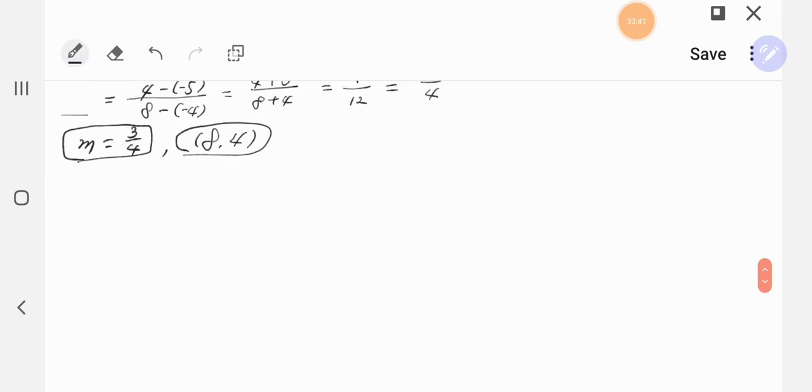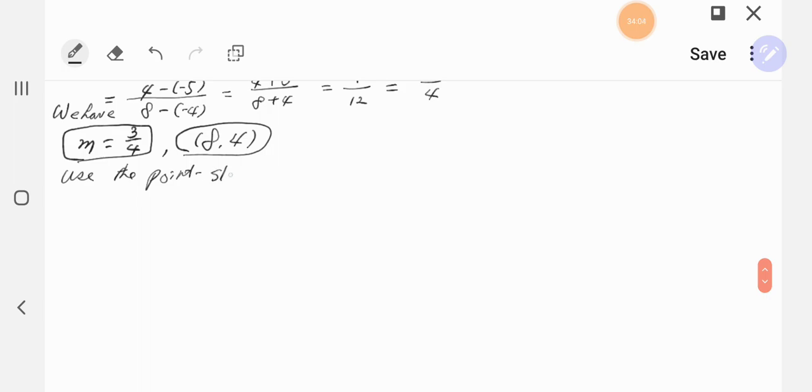Okay, so let me write it here. We have the slope and point, so we use the point slope formula.